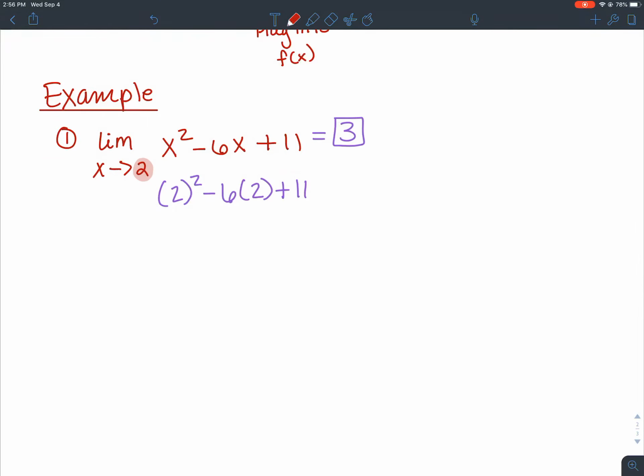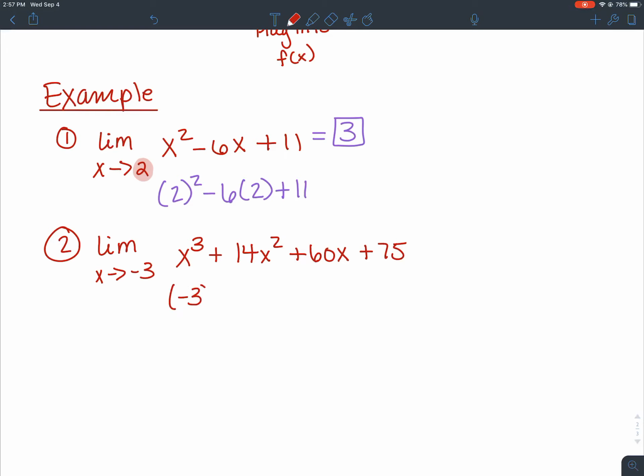Question number 2. And I would highly suggest you write this down and you try it on your own. Pause me. So it's the limit as x is approaching negative 3. I have x cubed plus 14x squared plus 60x plus 75. Okay? So again, I would pause me right now and see if you can figure out what the limit is. Welcome back. All right, so you should have plugged in negative 3.